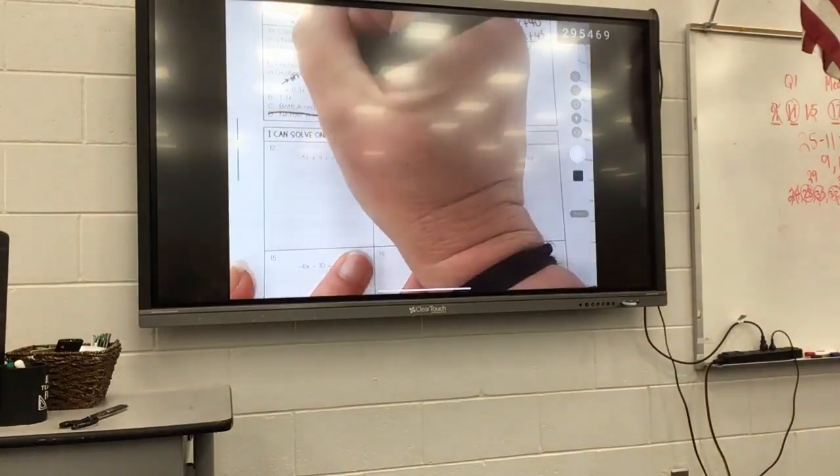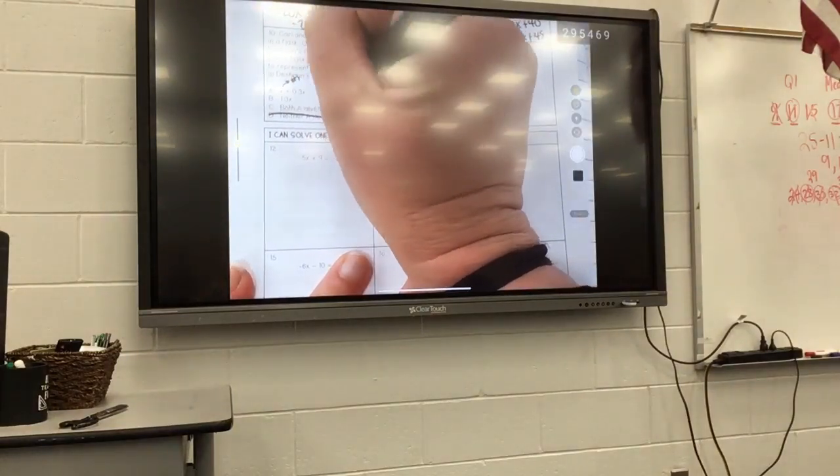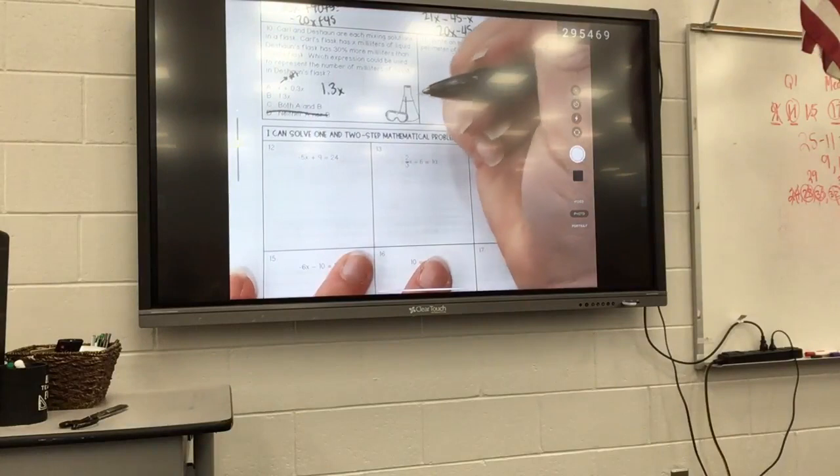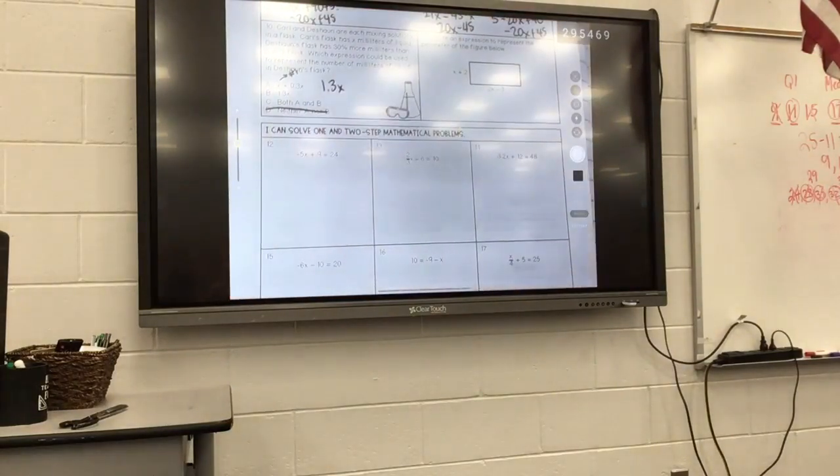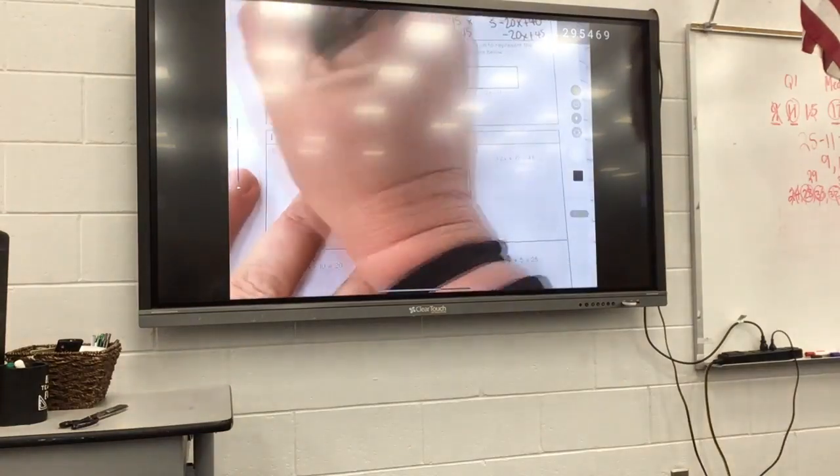And then you combine like terms, so you get 1.3 times x. Because it's 1 plus the 30%. Is it also 130%? Yeah. All right, so the correct answer is C.